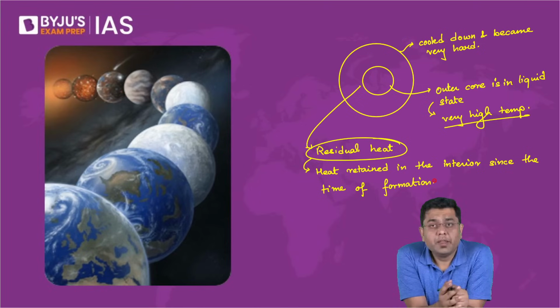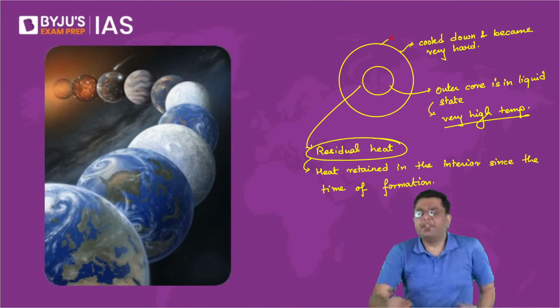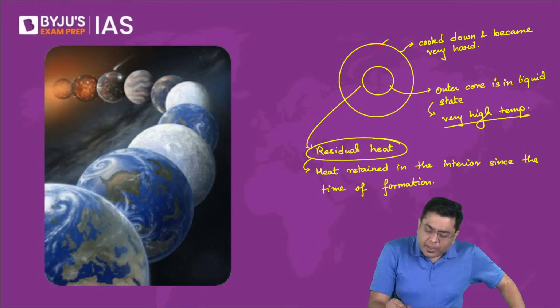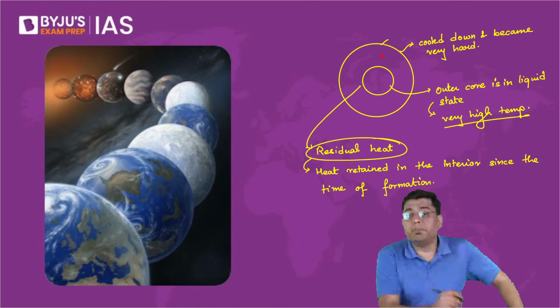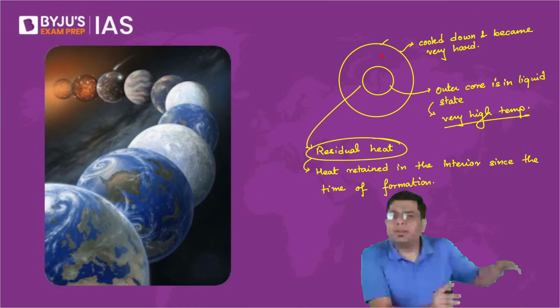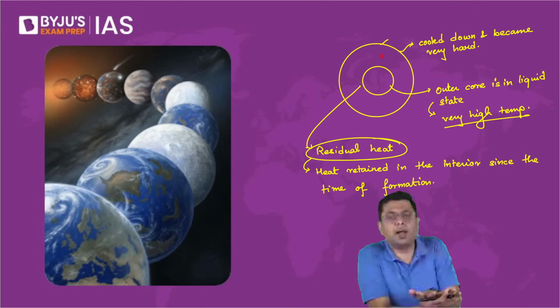Okay, so this residual heat is still considered to be a key source of all the various forces that the planet experiences, which comes from the inside, what we will study as endogenic forces eventually. So all those forces are driven by this residual heat. Now, while the outer surface of it is very hard, very brittle, can break easily, as you start going into the depth, that is in the region of the mantle, beyond a certain depth, materials are still solid, but they are very dense in a compressed state.